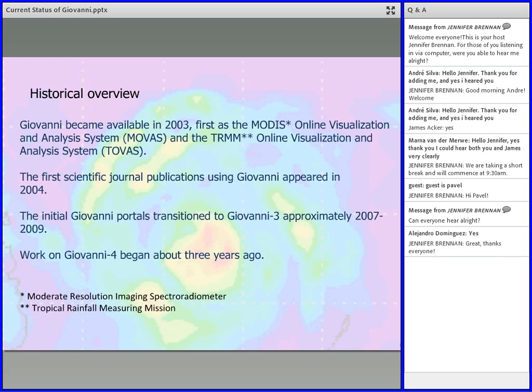I don't know exactly when we started transitioning from the first Giovanni system to Giovanni 3, but it looked like it was in the time frame of 2007 to 2009. And Giovanni 3 is the system that is currently available today at the URL I showed you before. And then we started working on Giovanni 4 about 3 years ago. It takes a while to do this. It's an ambitious undertaking, and you'll see why in a second.